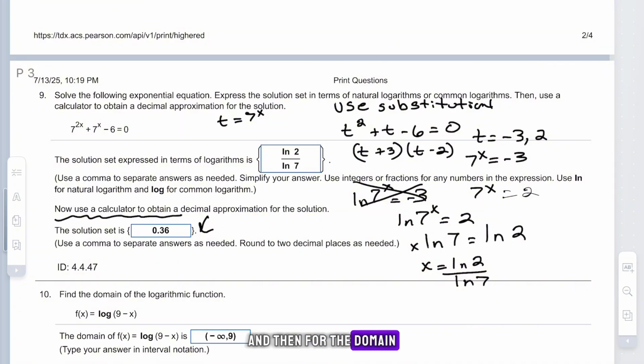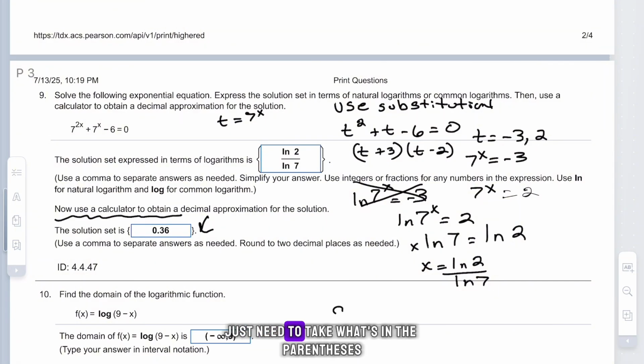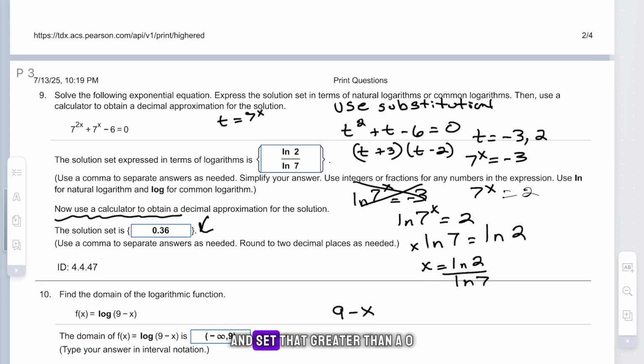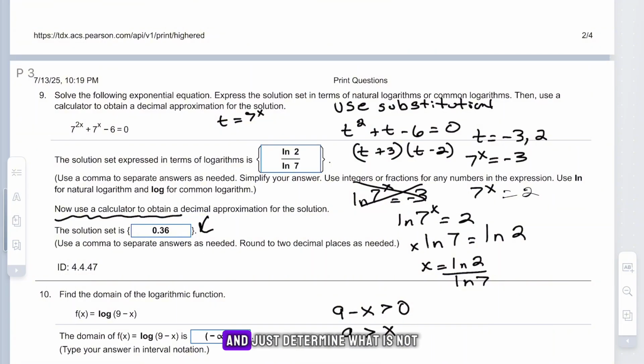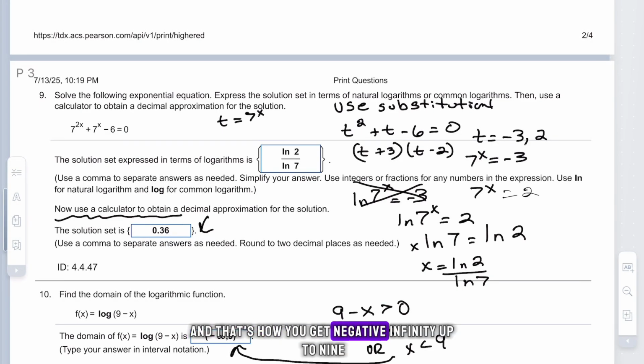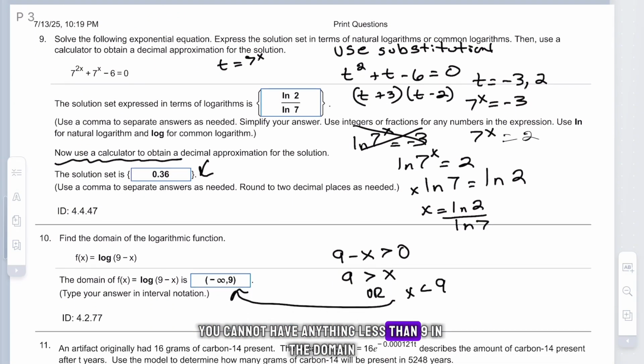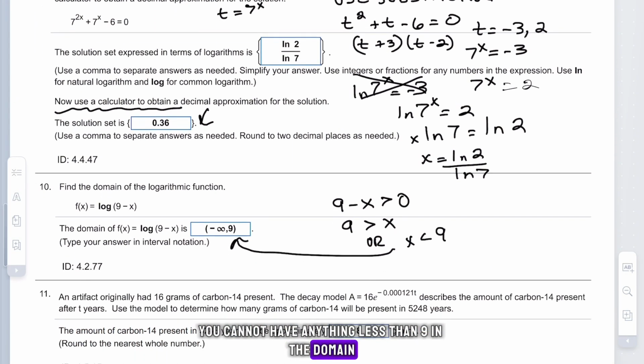And then for the domain, you just need to take what's in the parentheses and set that greater than 0 because we cannot have negative numbers with logarithms, and just determine what the restriction is on the domain, and that's how you get -infinity up to 9. You cannot have anything less than 9 in the domain.